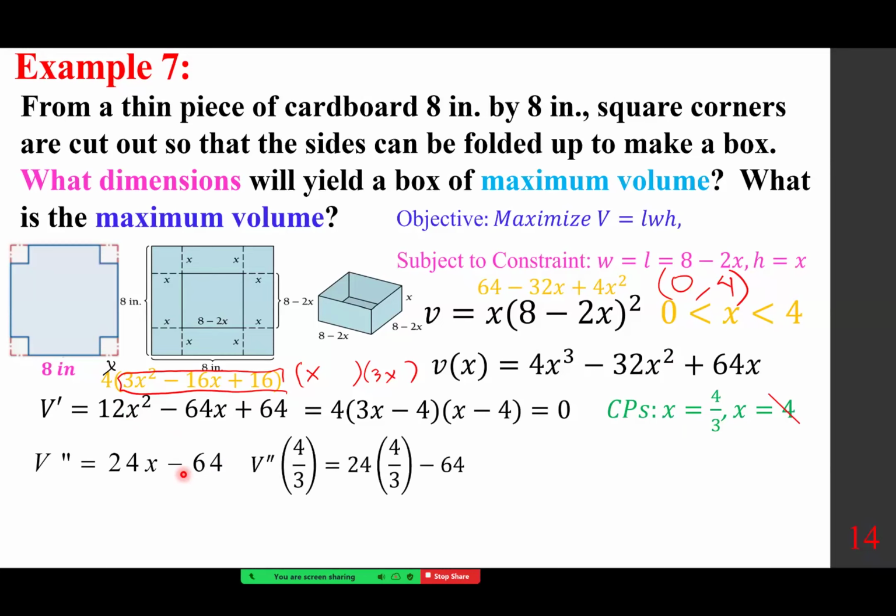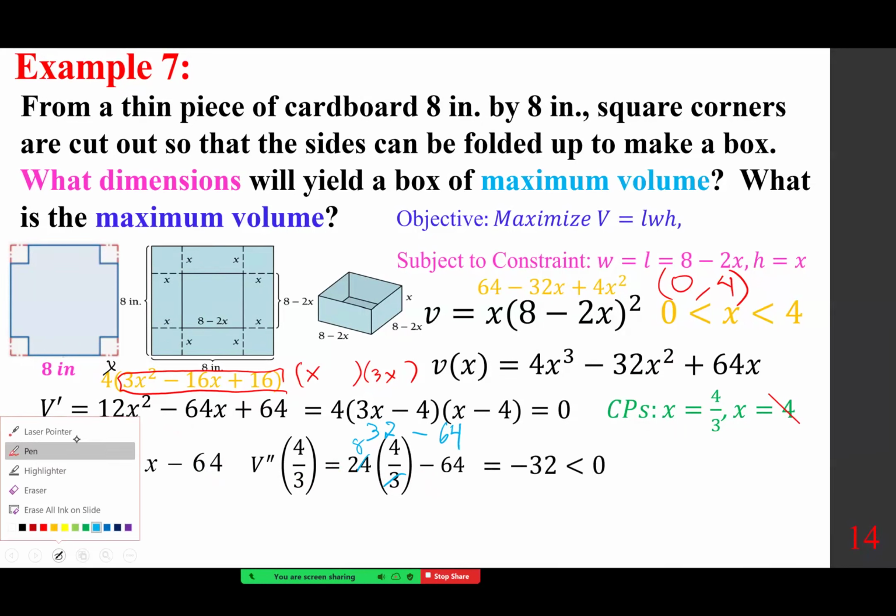So 24 times 4/3 minus 64. Now this cancels this one, gives us 8 times 4, 32 minus 64 is negative 32. Doesn't matter 32 or any other number.